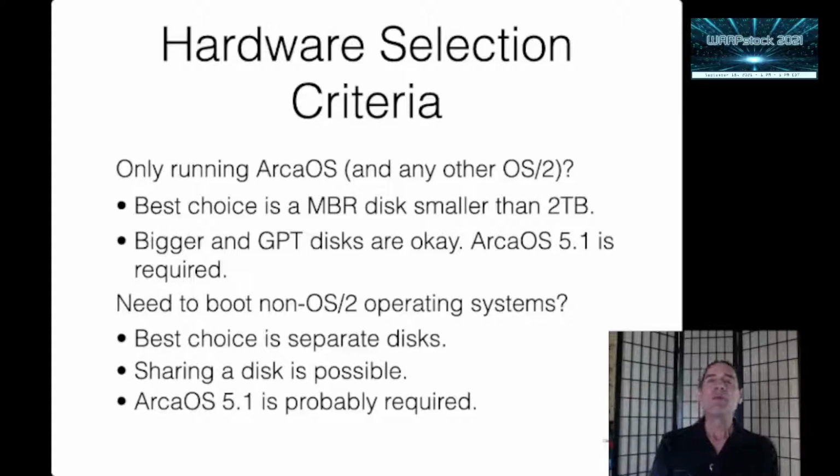If you need to boot non-OS2 operating systems in addition to ArcaOS, your best choice for ease of installation, ease of booting, ease of maintenance is going to be one MBR disk for OS2 and ArcaOS and a separate disk for the other operating systems. Now, these options are not always possible, but these are going to be your optimal choices. You may have a system with only one big disk in it, a laptop for example, and that's okay.